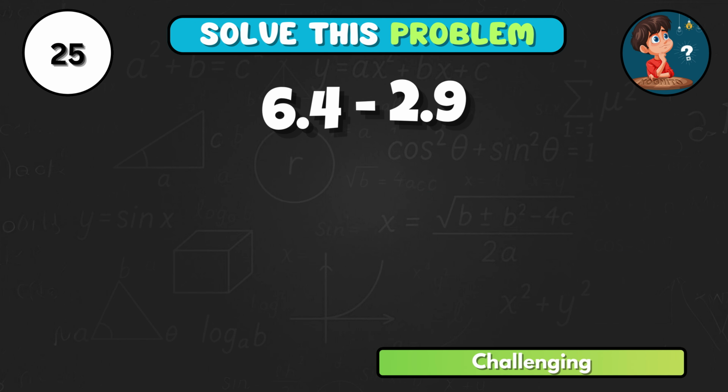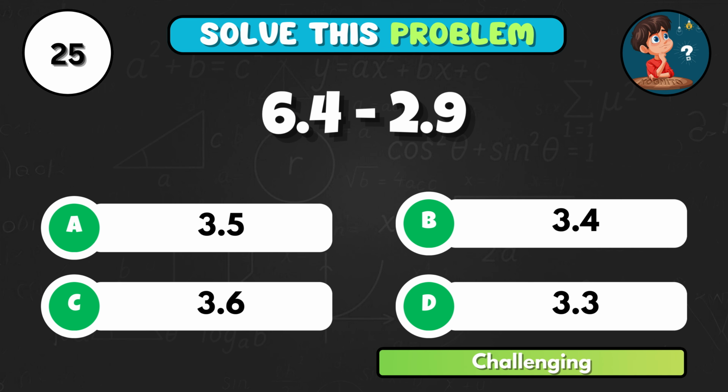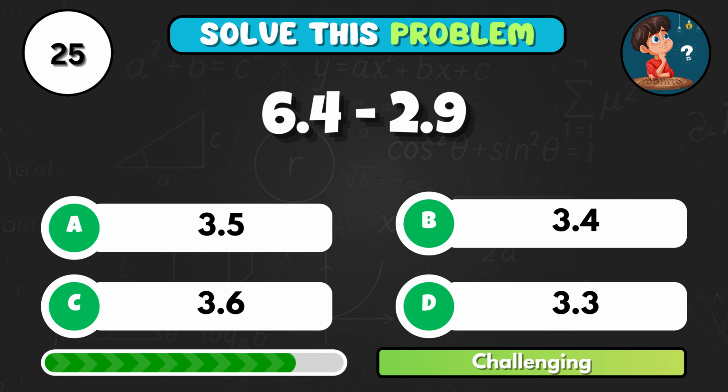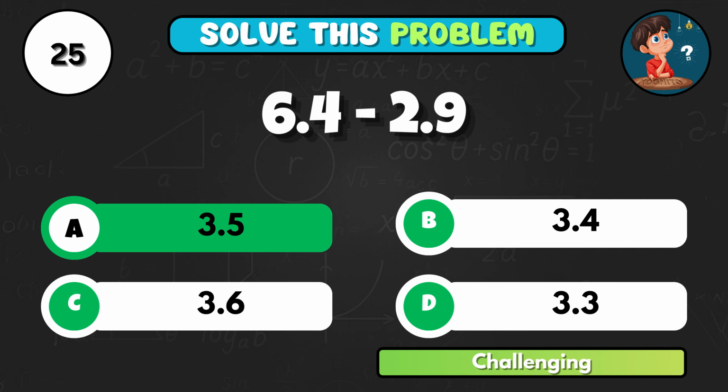What is 6.4 minus 2.9? Correct answer is A. That equals 3.5.